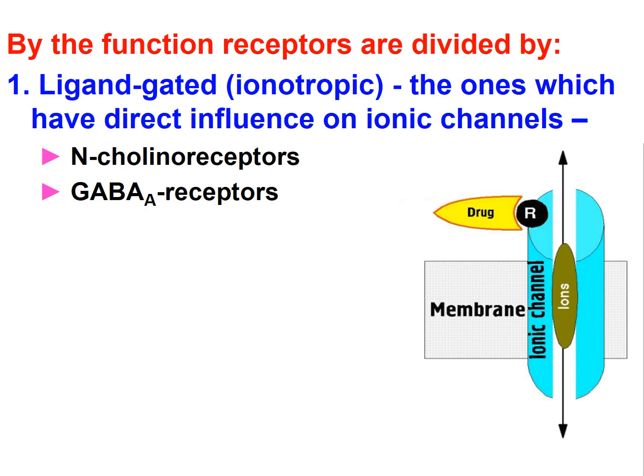By the function, receptors can be divided into several types. First, we have ligand-gated or ionotropic receptors. They have direct influence on the ionic channels which they are bound with.